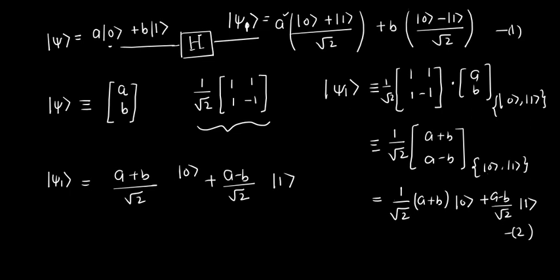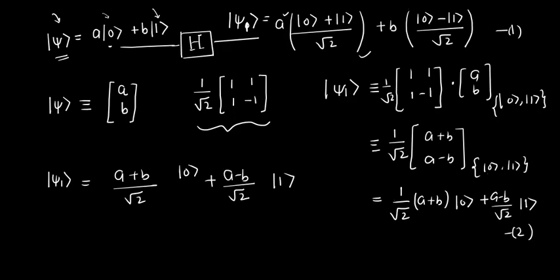So these are equivalent. If you want to see the output of the Hadamard gate on any general qubit of type A ket 0 plus B ket 1, you have two options. If you know the characteristic of H, what it does to ket 0 and ket 1, you can do it like this.